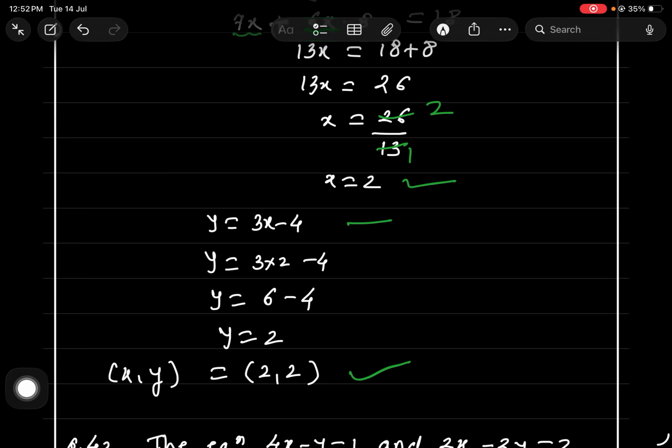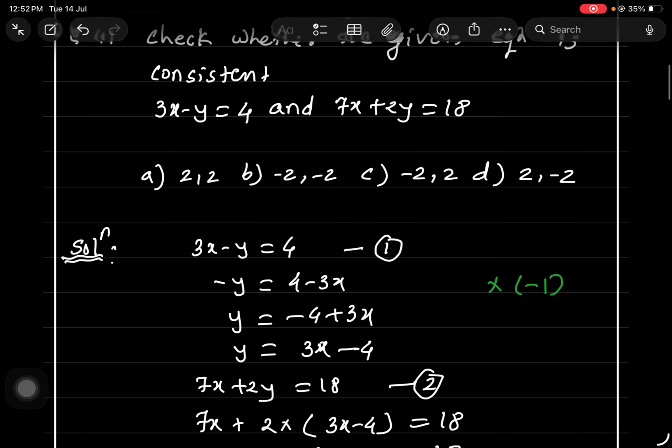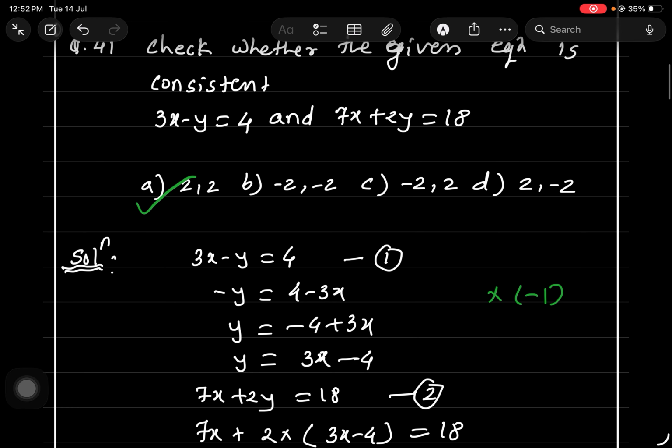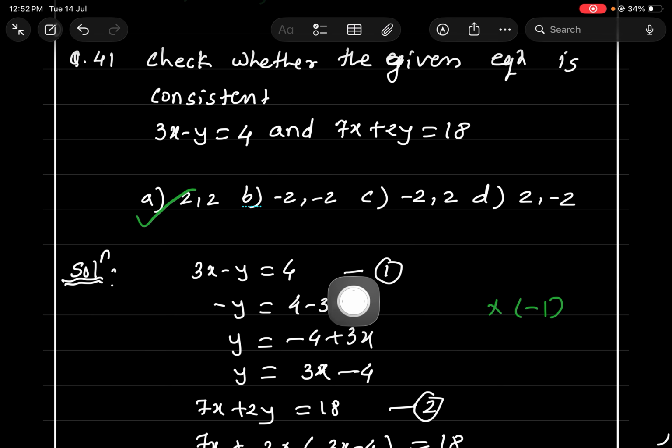So x equal to 2 and y equal to 2, and the option given with 2, 2 is option A. But since this is an MCQ, you just write the option. If this question comes for 2 marks, then you can solve and explain. When after solving the equations you get only one unique solution, then the equations are consistent.